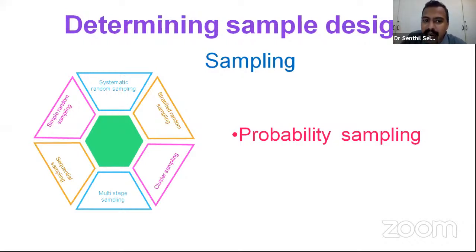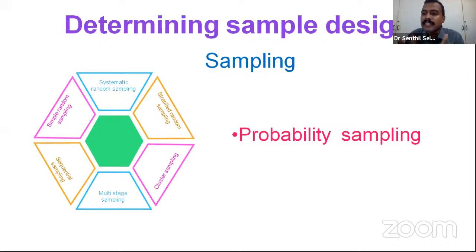And next one is stratified random sampling. Stratified random sampling is done if the group is not homogeneous. It consists of a heterogeneous group. It doesn't have any homogeneous group, so then you can go for stratified random sampling.